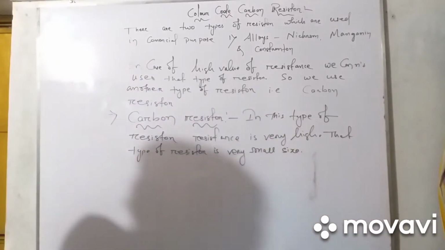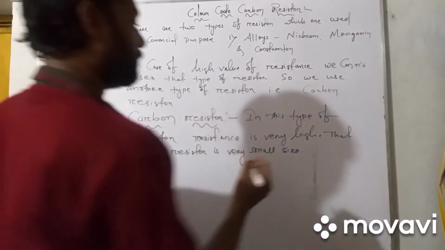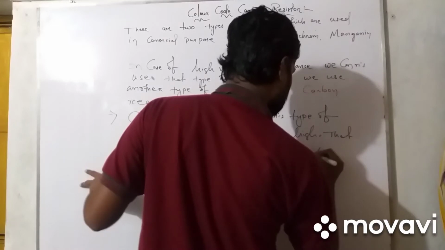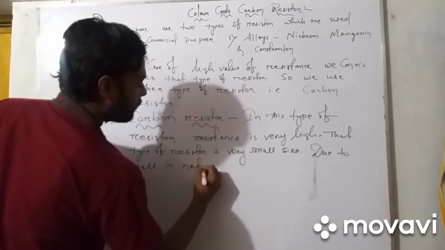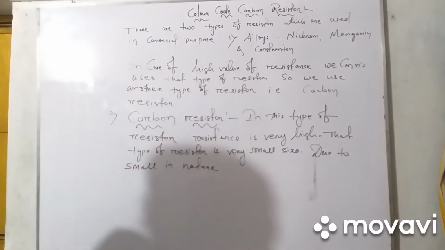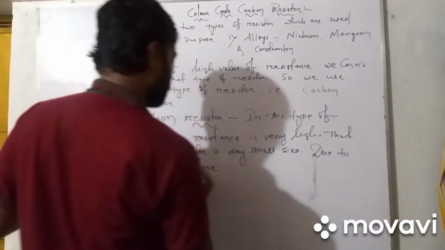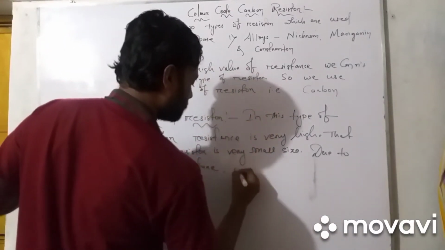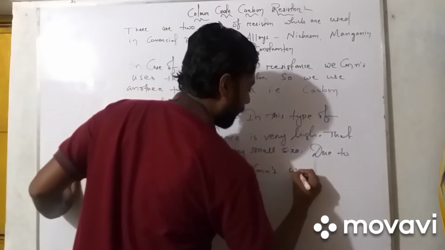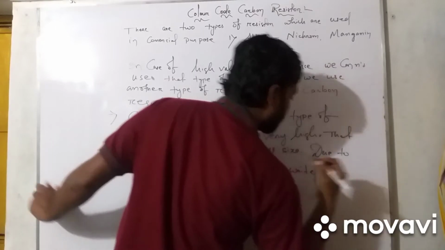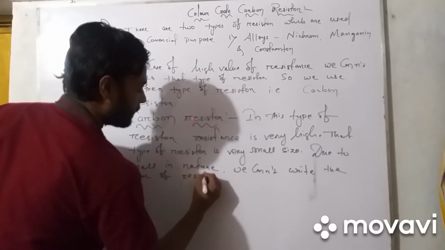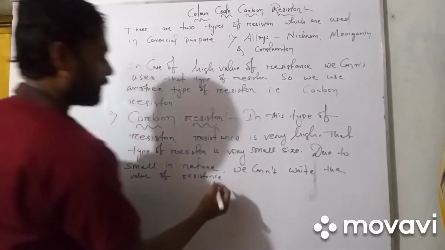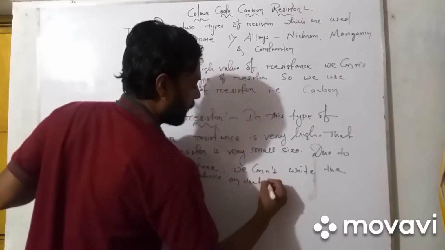Due to its small size, we can't write the value of its resistance on that resistor.